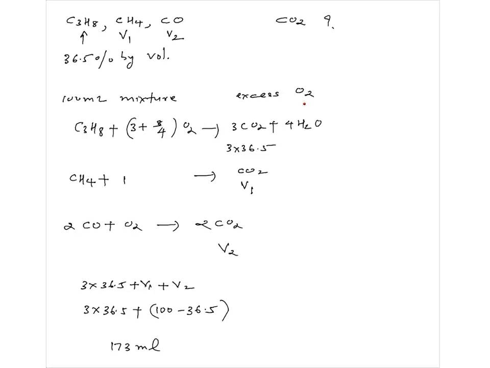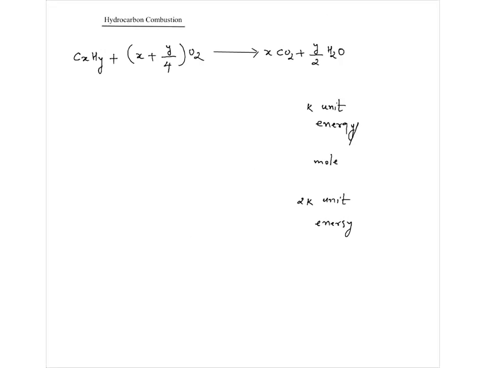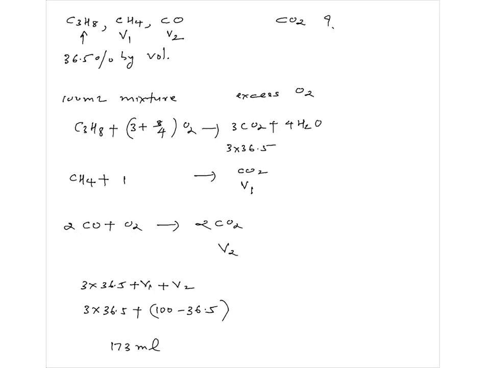Now, when you burn this mixture in enough supply of oxygen, then hydrocarbon will burn exactly like this. This and this both are hydrocarbons. So just apply the CxHy formula for both of them.